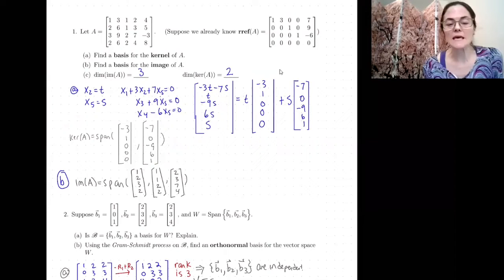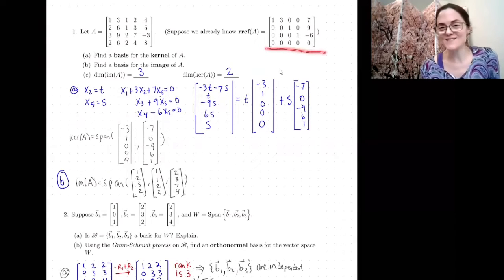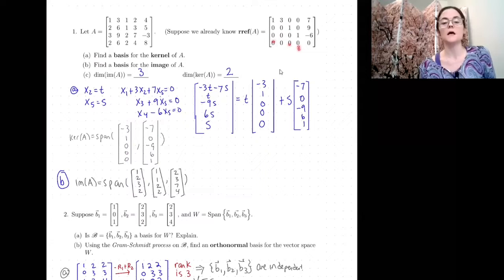But now 1B is in effect simpler than 1A because we don't even have to write anything. Once we see the reduced row echelon form for A, you have to be careful. Do not just pick out the columns in this where you have leading ones, because this is not correct. You see we have leading ones in column 1, 3, and 4.